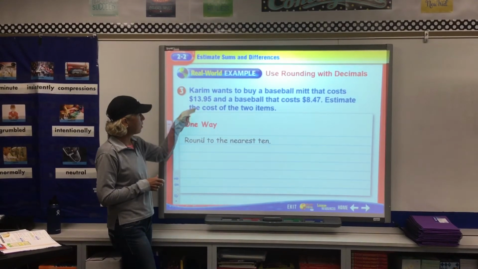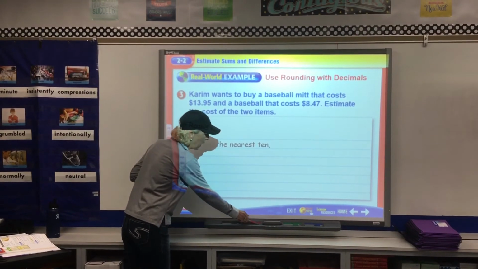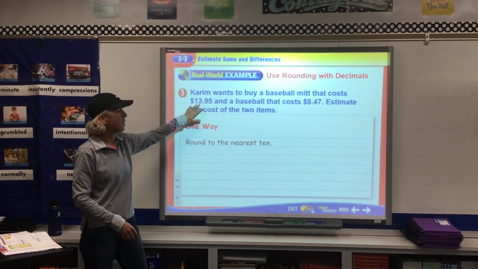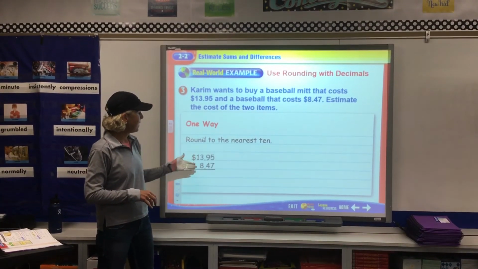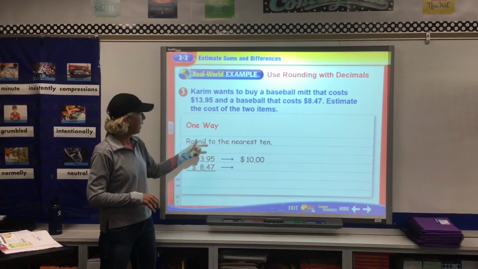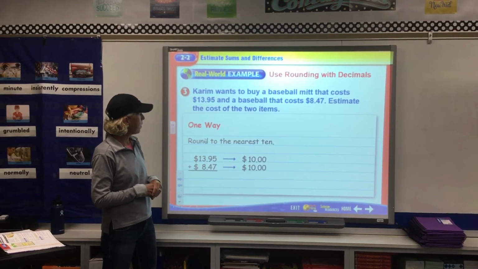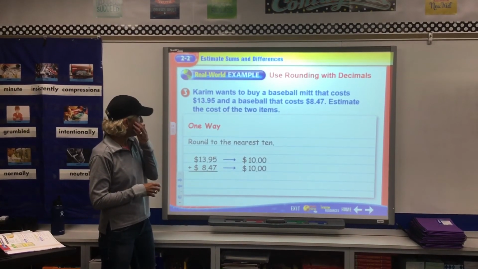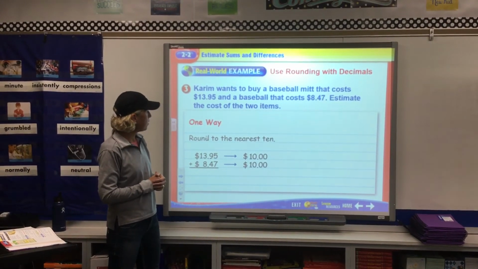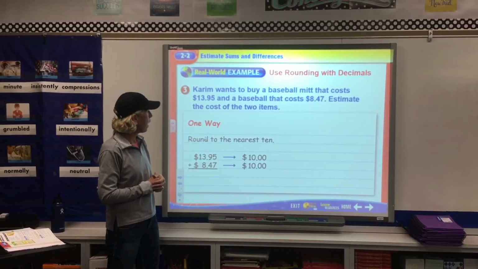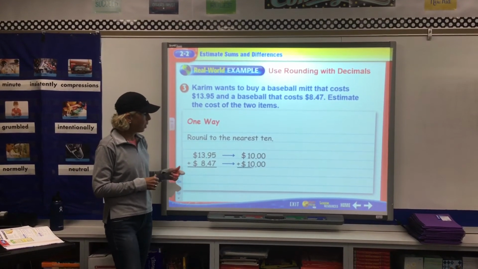We could round to the nearest 10, and if we were going to round $13.95 to the nearest 10, we know that it's between 10 and 20, but it's actually closer to 10. Same thing goes for $8.47. If we were going to round that to the nearest 10, it would be closer to $10. So if we wanted to estimate the total cost of those two items using rounding to the nearest 10, you'd get a total of $20.